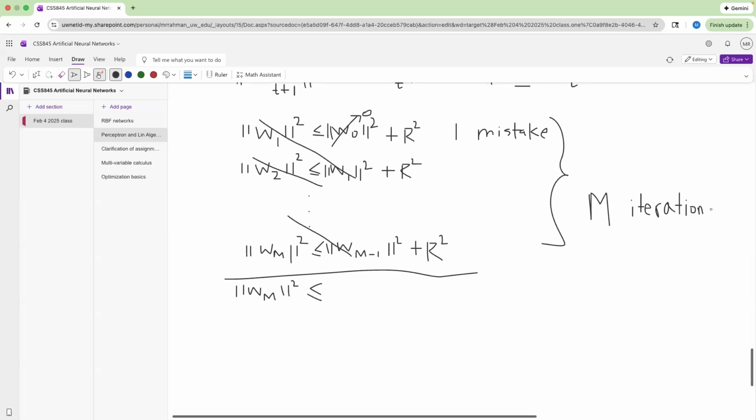If I'm adding all these equations, everything is canceling out. We only have R² terms, and there are m equations, so we should have m R² on the right hand side. That's the upper bound. Okay? So that's the second ingredient that we have in the proof.